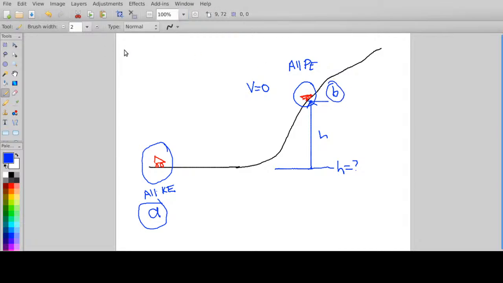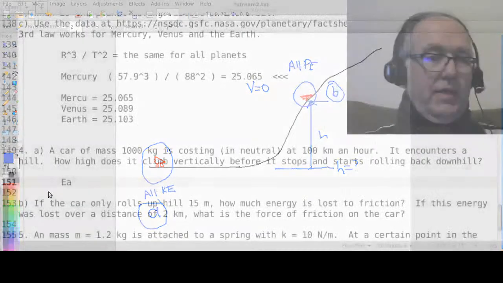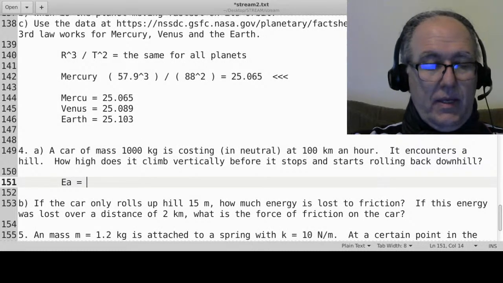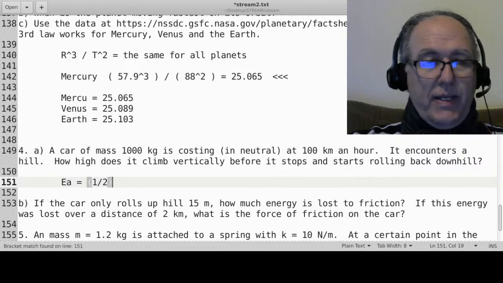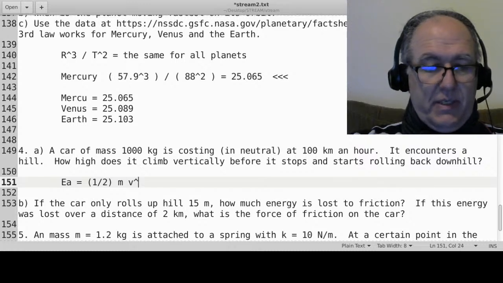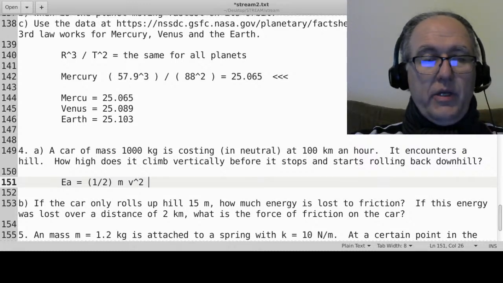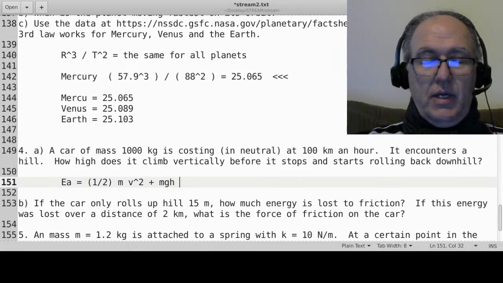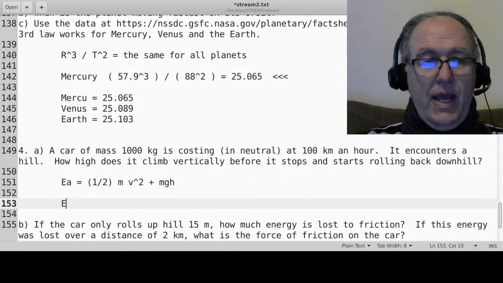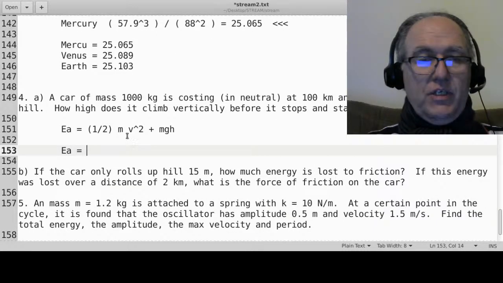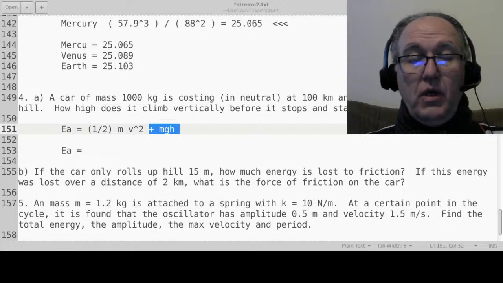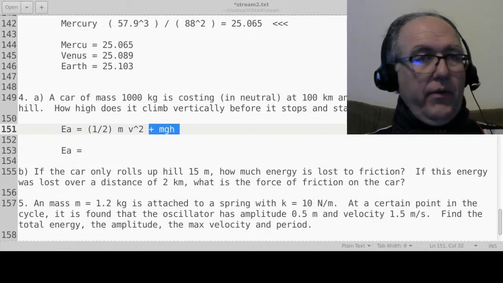EA is going to be, we can write down everything, but parts of it are going to be 0: 1/2 mv squared, that is the kinetic energy, plus mgh, the potential energy. At A we know that it's all kinetic energy, so this mgh is going to be 0, but it doesn't hurt to write it there, just as long as you realize that it's going to equal 0 in a minute.